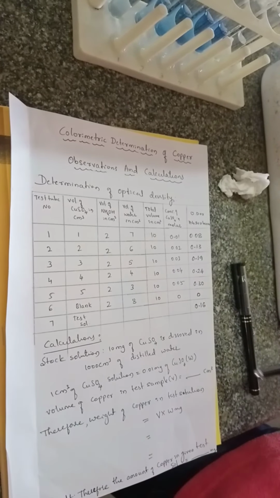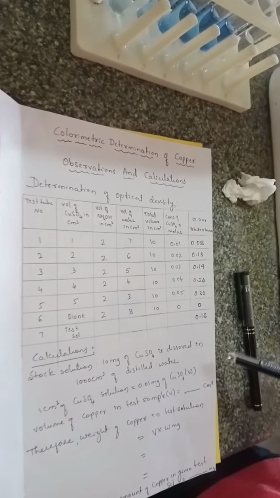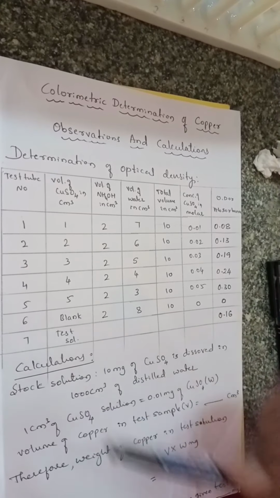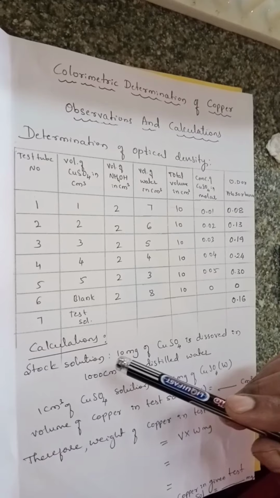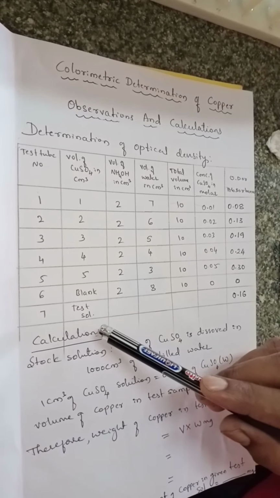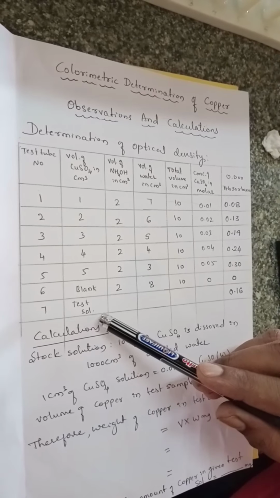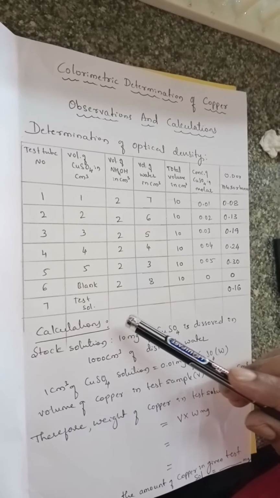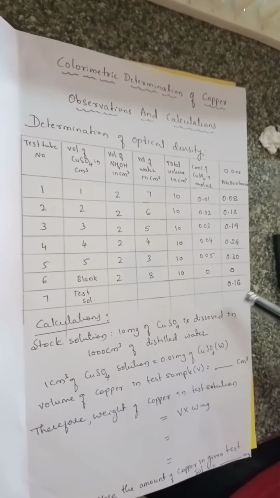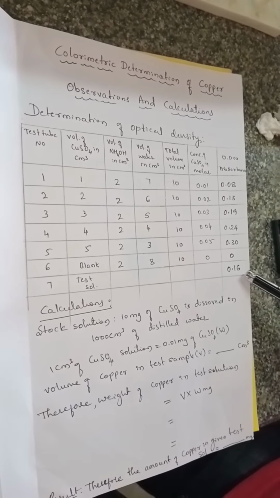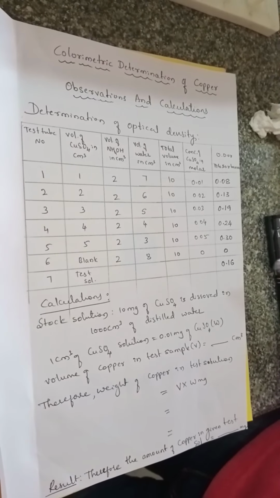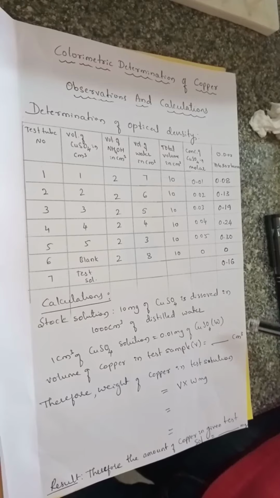Now, these are the values which come from the standard prepared solutions against the blank solution, and this is the last one, the unknown solution, in which we need to determine the cupric ion, and that also gives some values. Now we have to plot the calibration curve. What is this calibration curve?